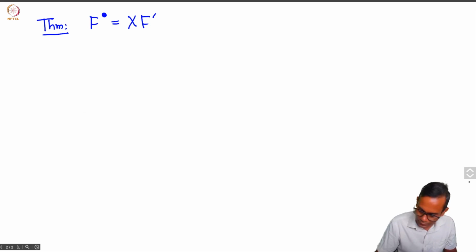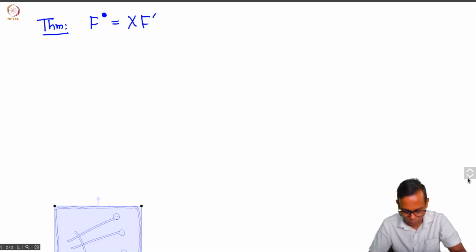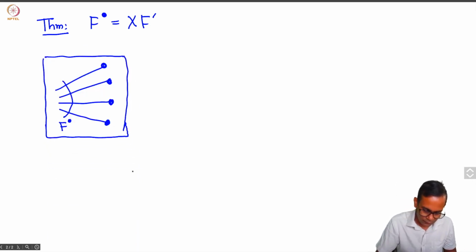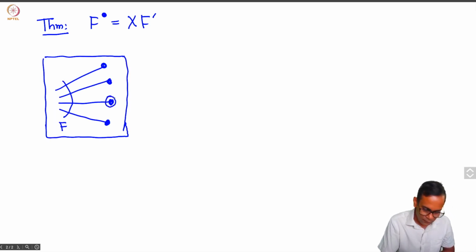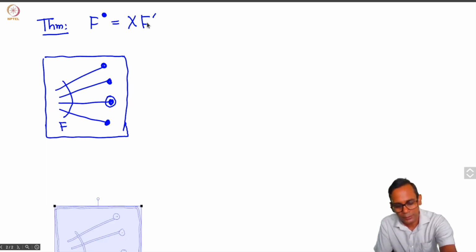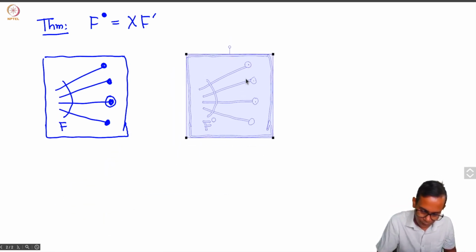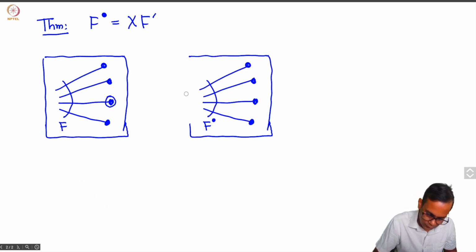On the one hand, we have an F dot structure, which means that we have an F structure, but we also point to a thing. I want to show that this is the same as an X dot F prime structure. So let me just create some space over here, and I'll extend this.